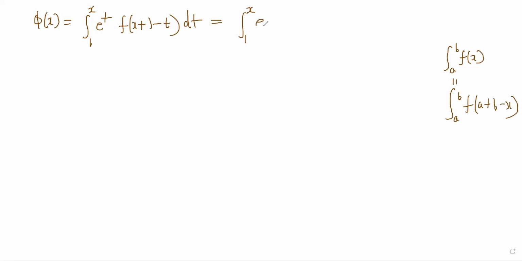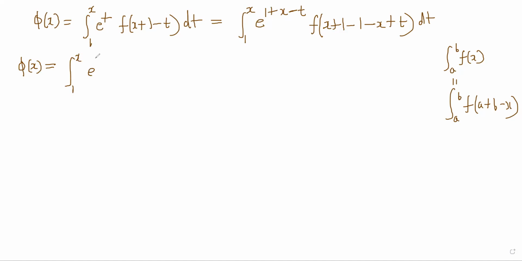You can write this as e^(1 + x − t) and f(x + 1 − 1 − x + t) dt. So φ(x) becomes the integral from 1 to x of e^(1 + x − t) multiplied by f(t) dt, as this cancels.